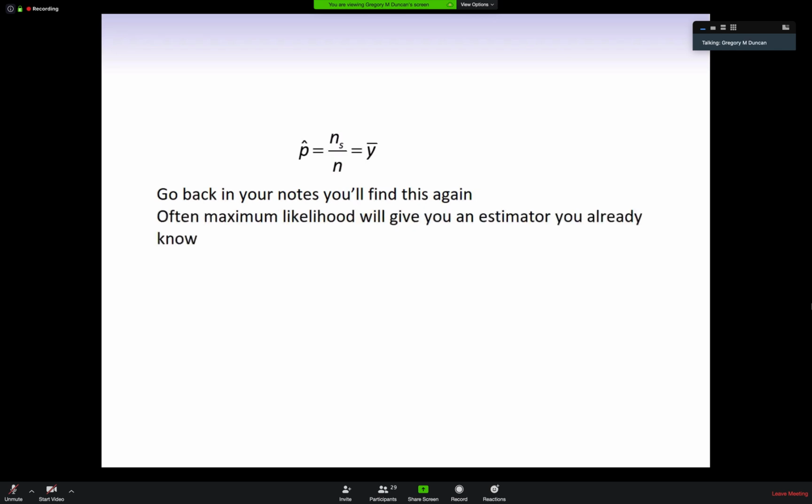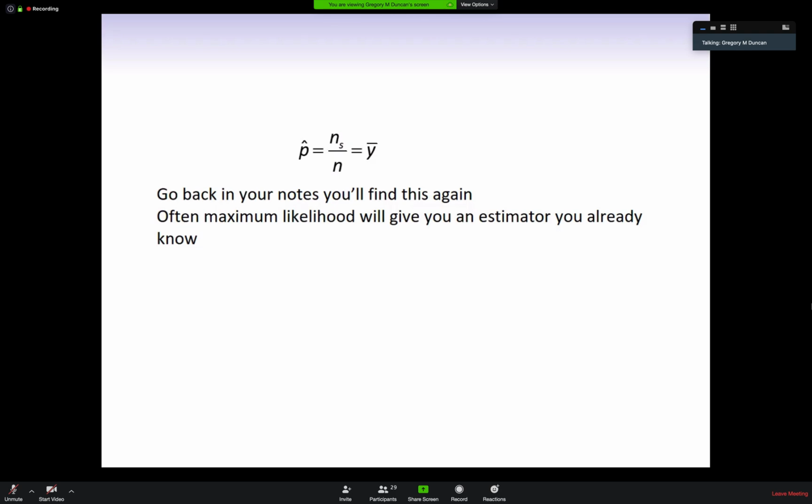Oftentimes, the maximum likelihood will give you an estimator you already know. But what it means is, since there's a general theory for maximum likelihood estimation, which we will talk about, every time you get such an estimator, you don't have to go back and work out in detail what the properties are.